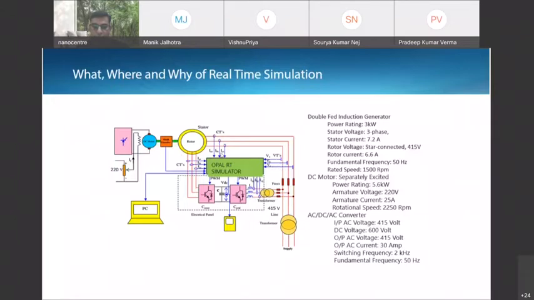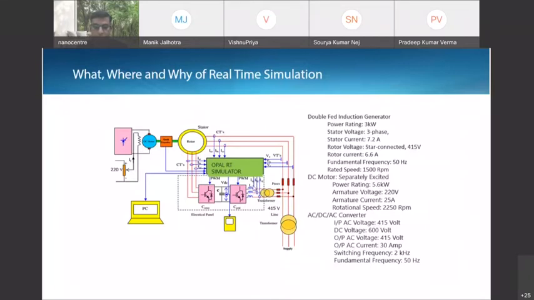These values were fed into the Opal RT simulator, where the controller was sitting. The controlling algorithm was being executed on the Opal RT simulator, generating the PWM pulses, which are then fed to these AC-DC converters.